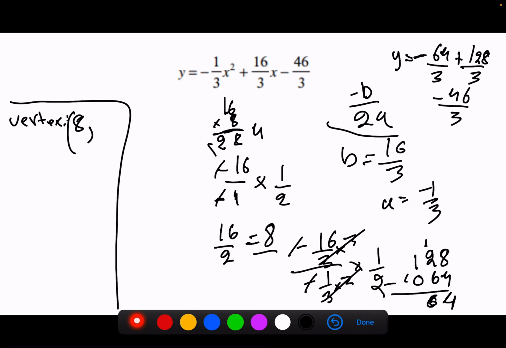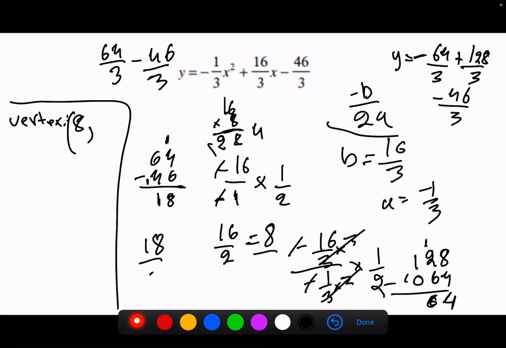Then you have 64 over 3 minus 46 over 3, which is equal to, we have 64 minus 46. We get 14 minus 6, which is 8. Then we have 6 minus 5, which is 1. So we're left with 18 over 3, which is equal to 6. So that is the y-coordinate of our vertex.